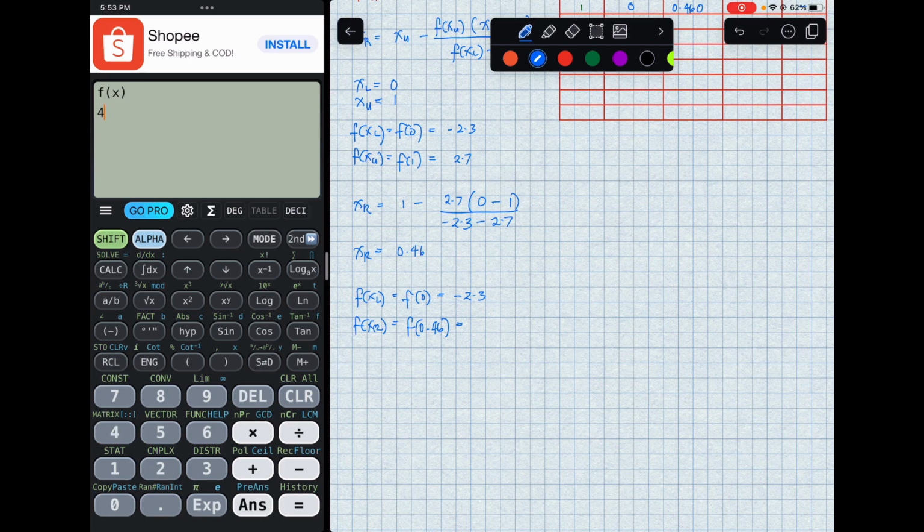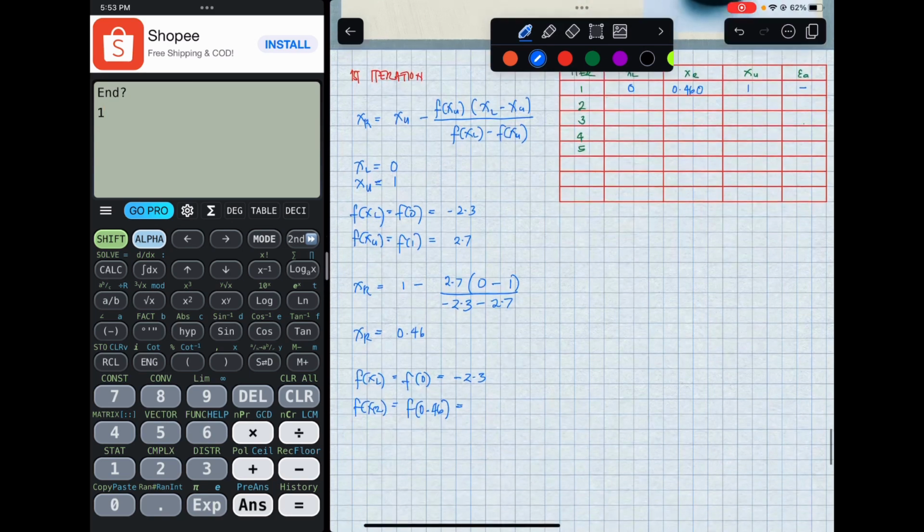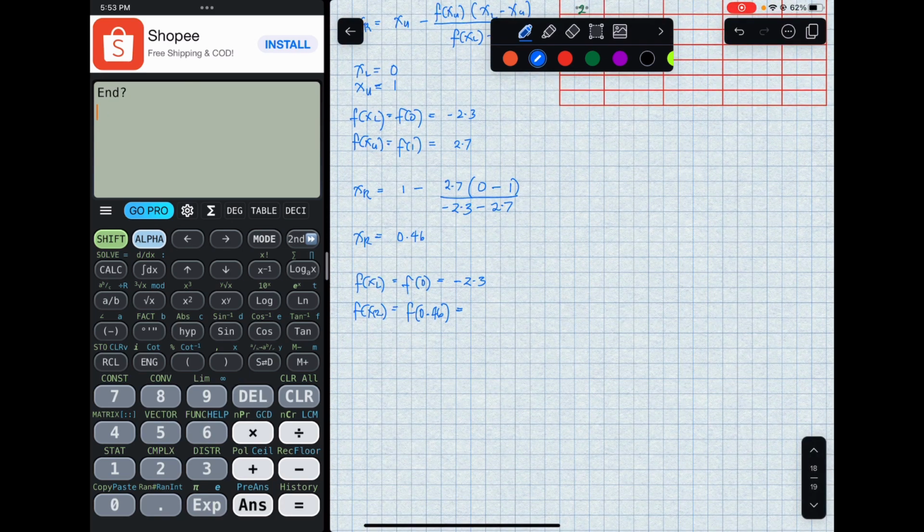So I'm going to write again: x cubed minus 6x squared plus 7x minus 2.3, evaluated at 0.46.